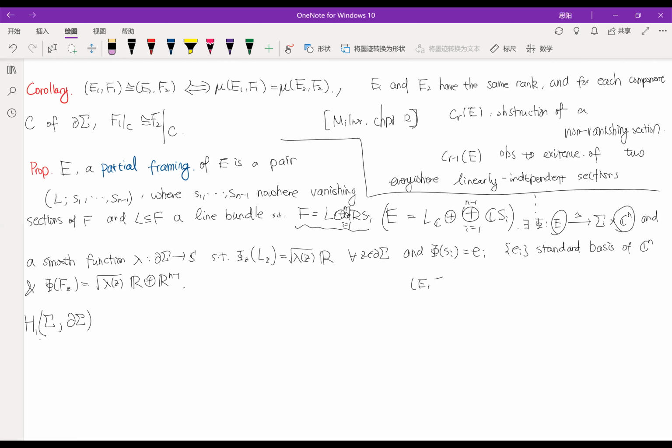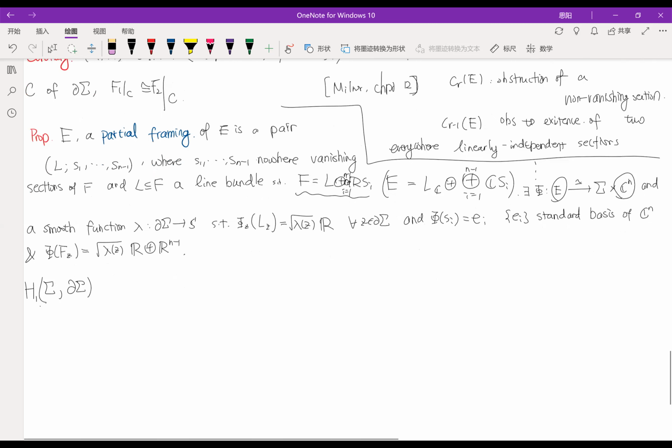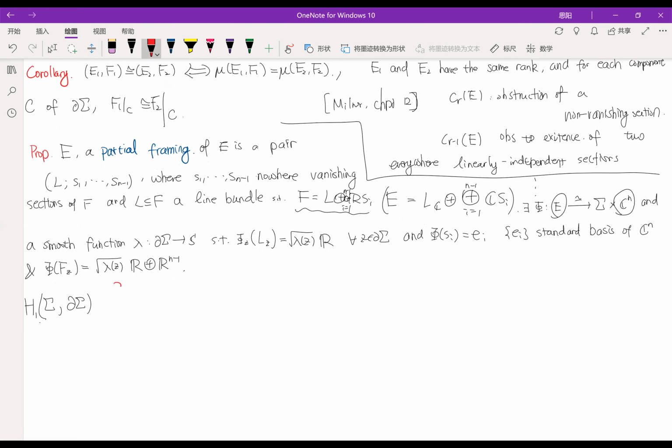So we have this characterization, and the proof just goes as follows.